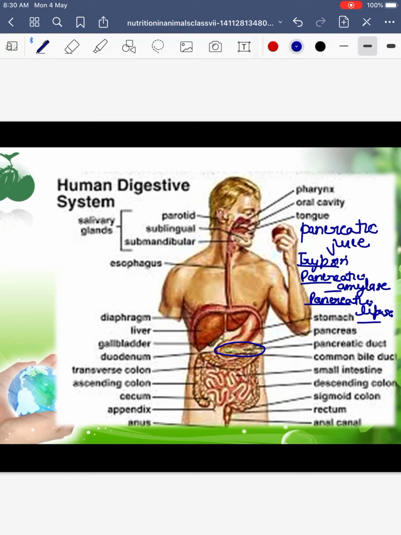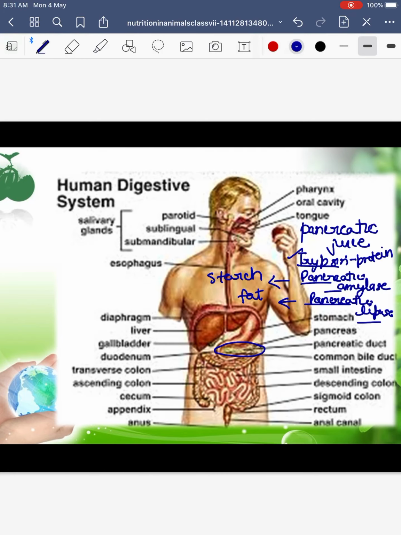Now, what is the purpose? The first enzyme, that is trypsin, helps to digest protein. The second enzyme, that is pancreatic amylase, helps to digest starch. And the last one, that is pancreatic lipase, helps to digest fat.